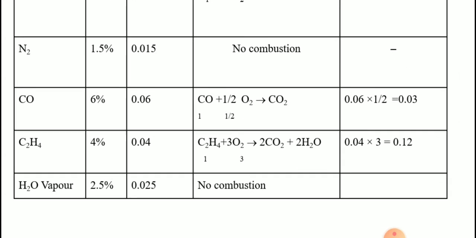For ethene, 4% is present in 1 meter cube, 0.04. The ratio of combustion of ethene with oxygen is 1:3. So the oxygen requirement is 0.04 into 3. The numerical value is 0.12. Water vapor does not undergo combustion, so it is neglected.